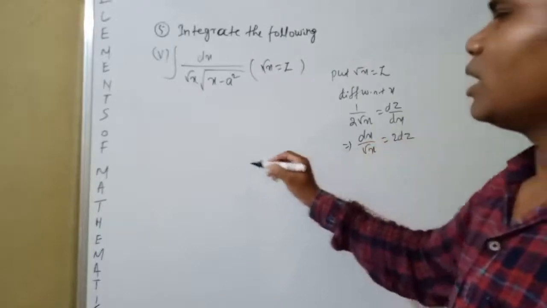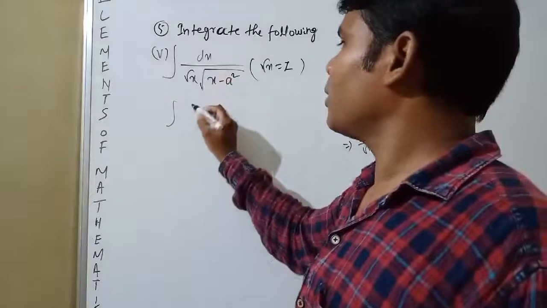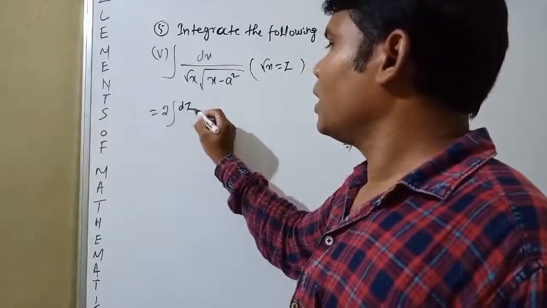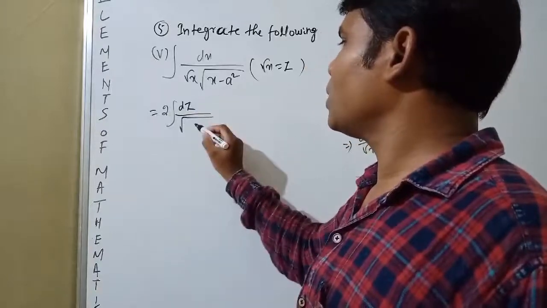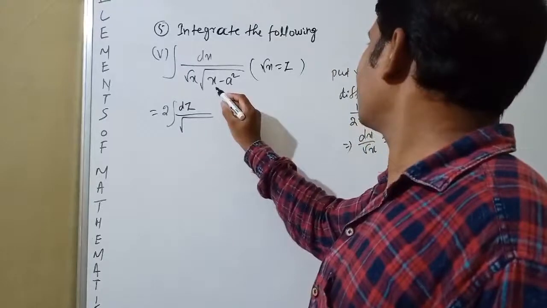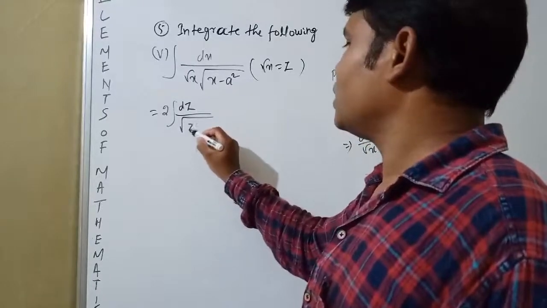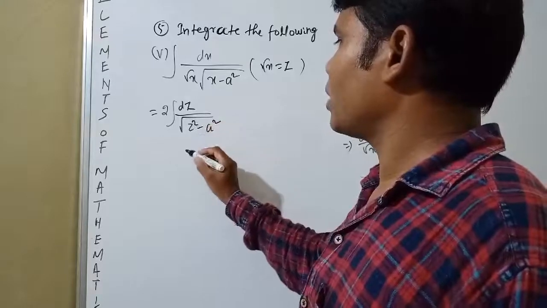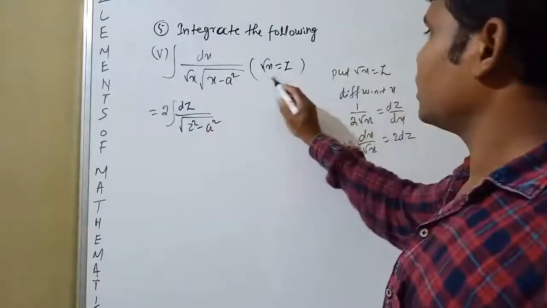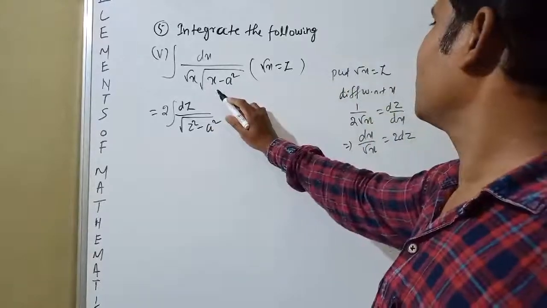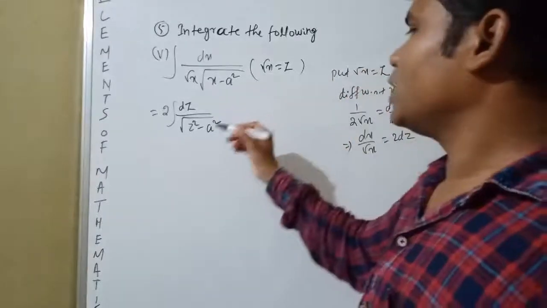Okay, so here dx by root x is equal to 2 dz, keep 2 outside, dz by root over x means root x whole square. Okay, x means root x whole square, that is z square minus a square. Okay, x means how much, you see root x equal to z, x means root x whole square, that is z square.